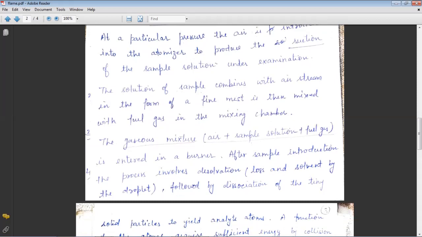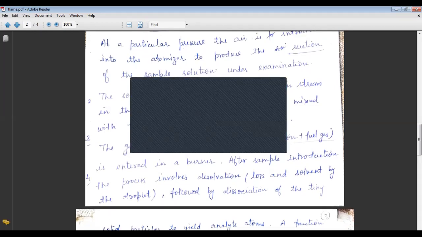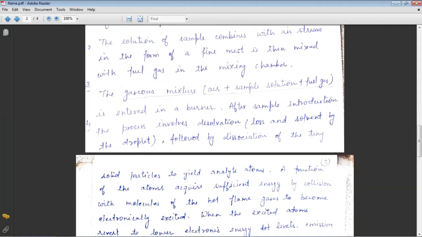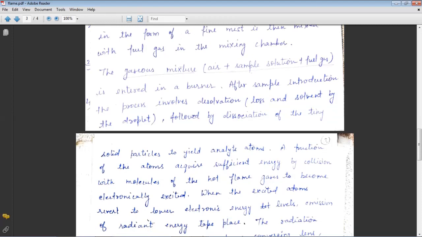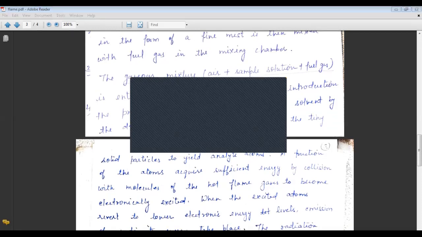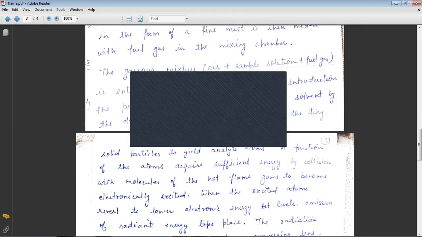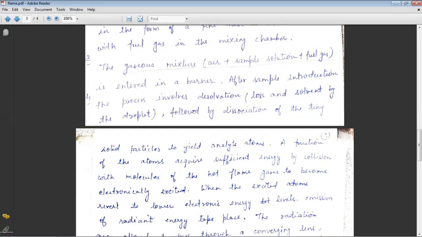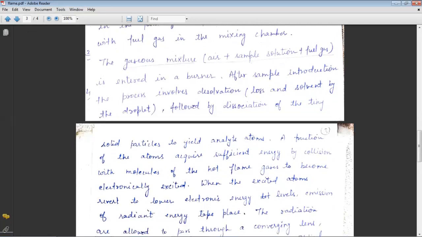The process involved is desolvation. It means there is a loss of solvent by the droplet. Okay, so it will come in the form of droplets. This is followed by dissociation of the tiny solid particles to yield analyte atoms. Clear? A fraction of the atoms acquire sufficient energy by collision with molecules of the hot flame gases to become electronically excited.